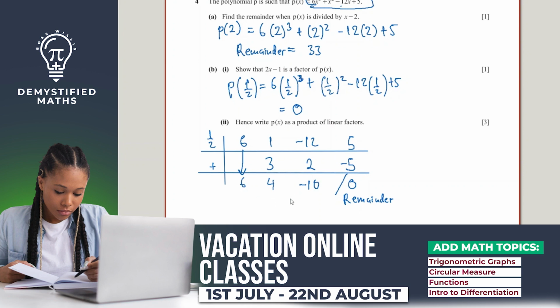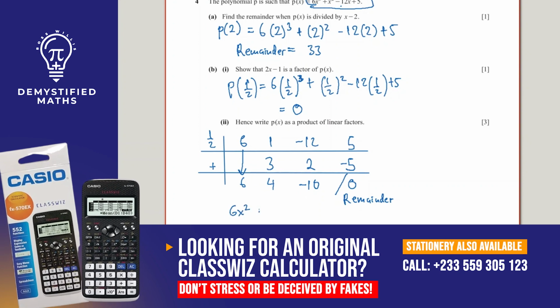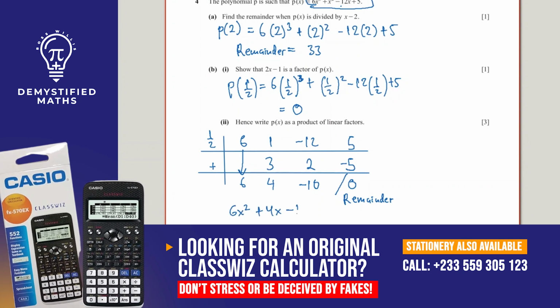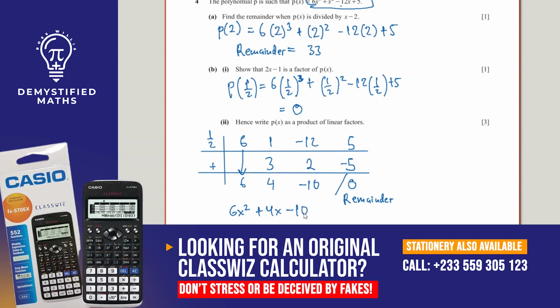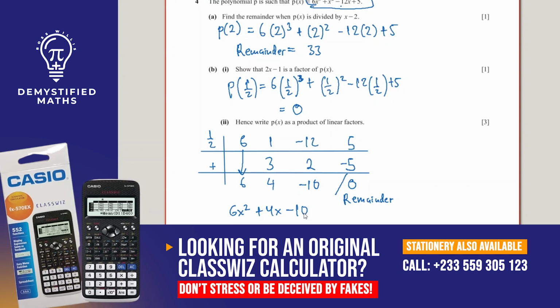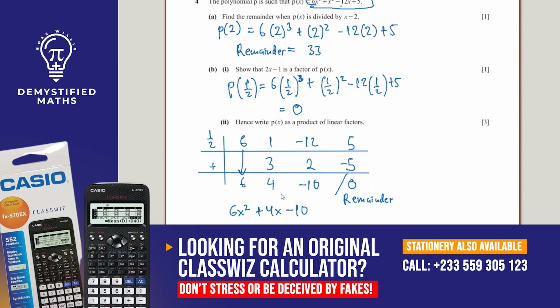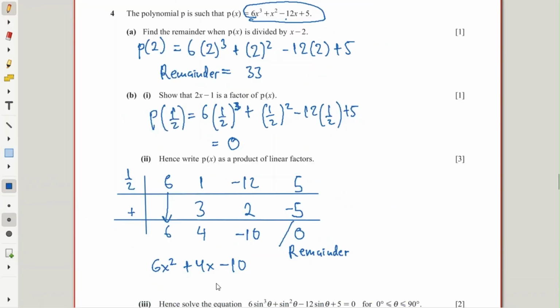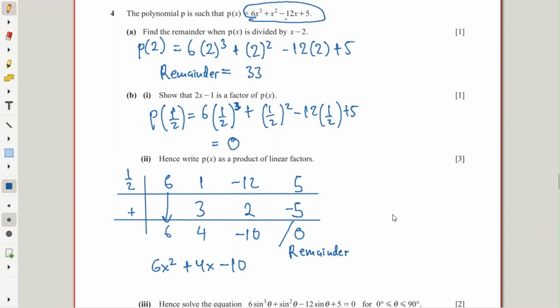So now the numbers that you have gotten here will form your quadratic. In other words, this is your quotient. So don't forget that your factor is this 2.